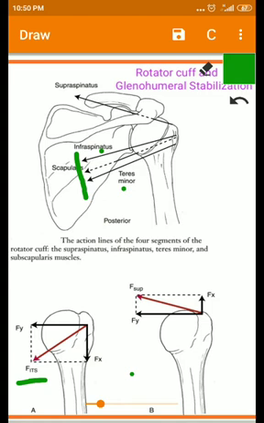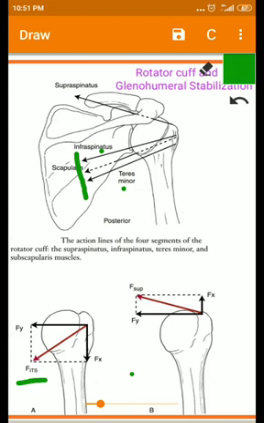So these muscles are called steerers. It is acting like steering in a car. So these muscles are called steerers.